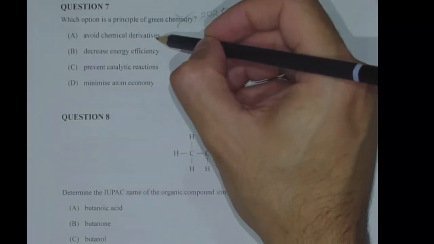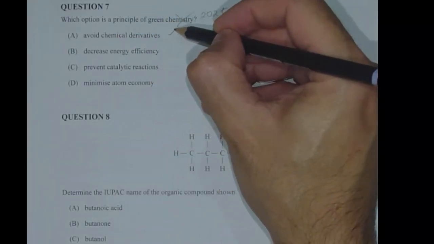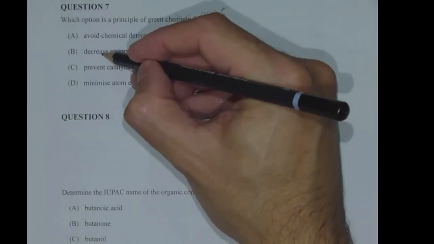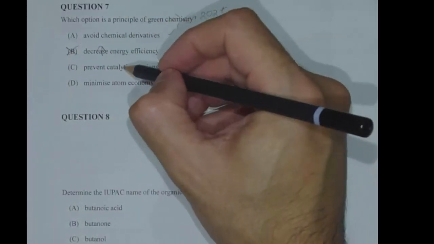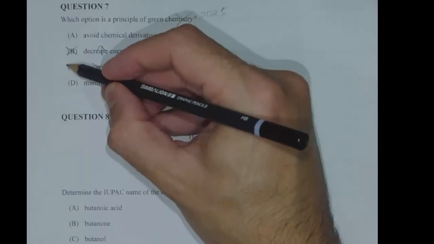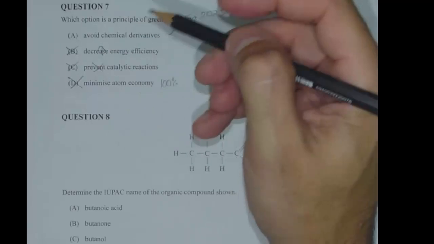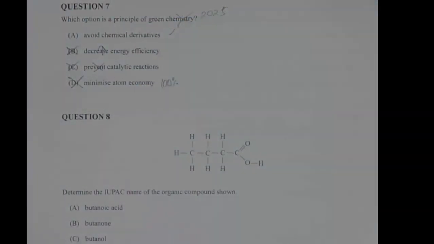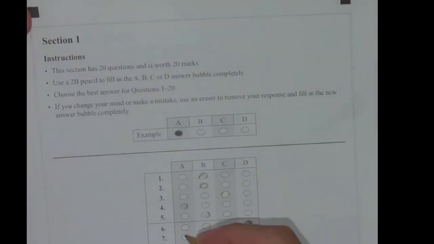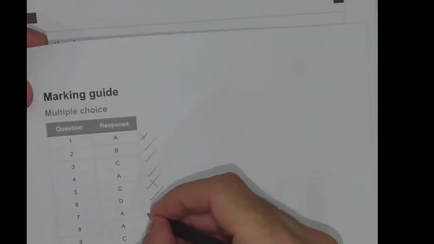Avoid chemical derivatives would be good if it's possible. Decrease energy efficiency to increase energy efficiency, you want that. And you want atom economy to be 100%, so that's wrong. So the answer must be A. So we go in there, and 7A.